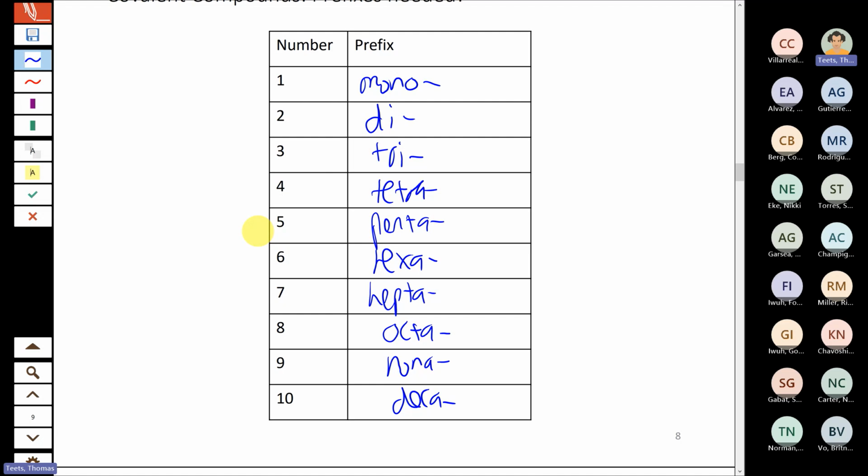So those are the prefixes, and typically what you'll see in the name of a binary covalent compound is that each element will have a prefix in front of it telling you how much there is. The only time you leave the prefix off is that mono only shows up on the second element in the formula.